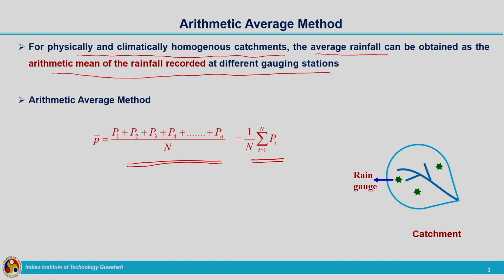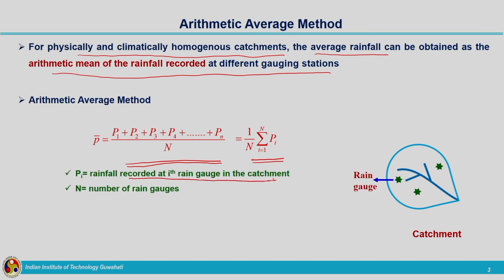Here, Pi is the rainfall data from the ith rain gauge station. i will be varying from 1 to n, based on how many rain gauge stations there are. So, Pi is the rainfall recorded at the ith rain gauge in the catchment, and n is the number of rain gauges present in the catchment.